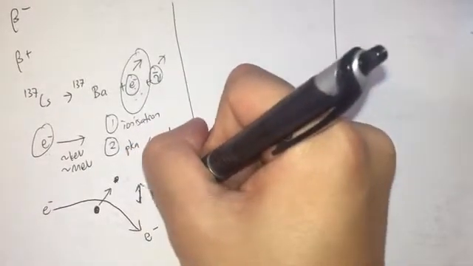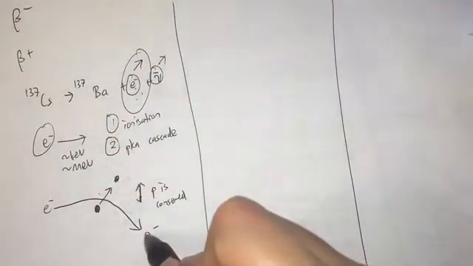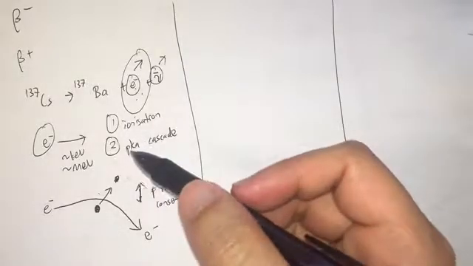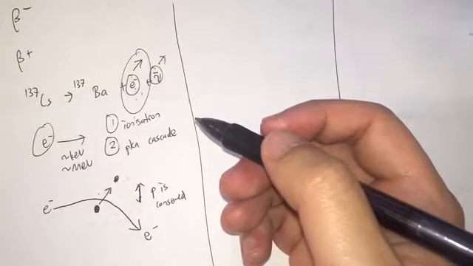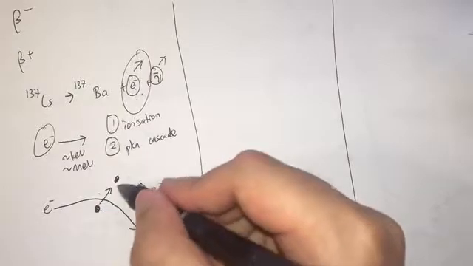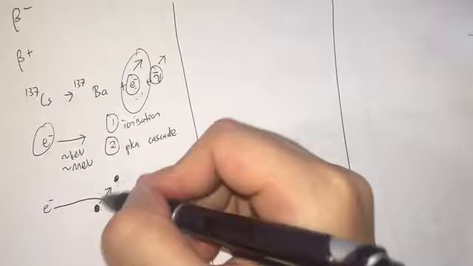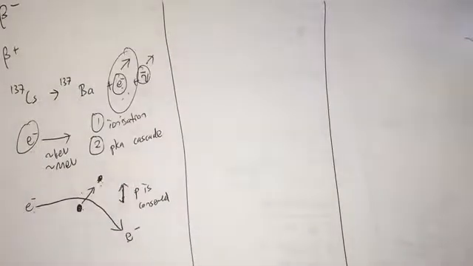P is conserved. And that's how it can cause a PKA cascade. Now this nucleus has some kinetic energy being imparted to it by this electron. So that's how it happens.